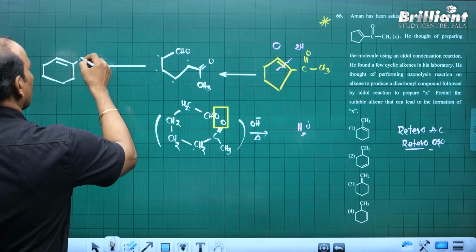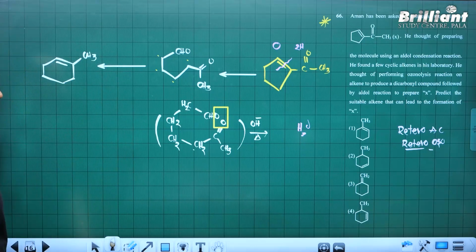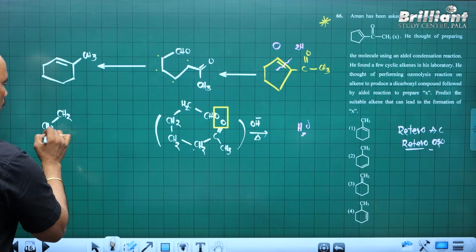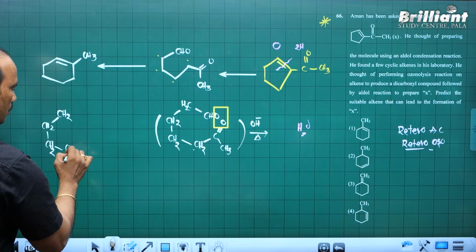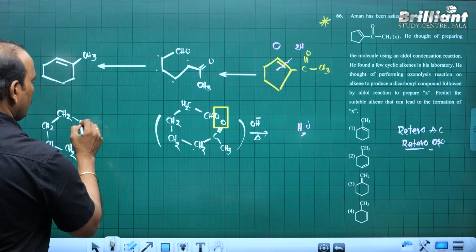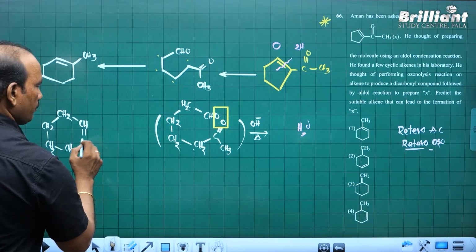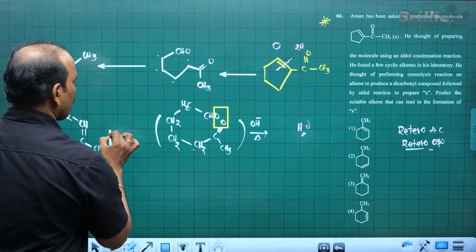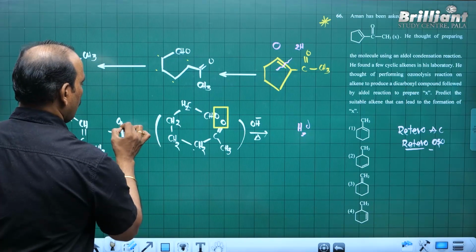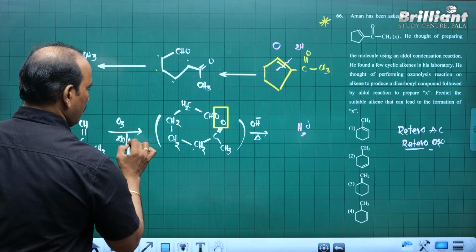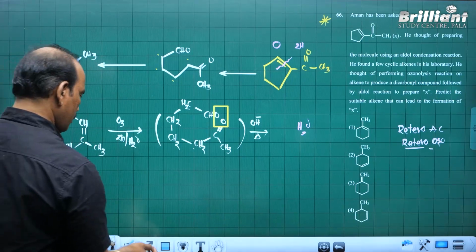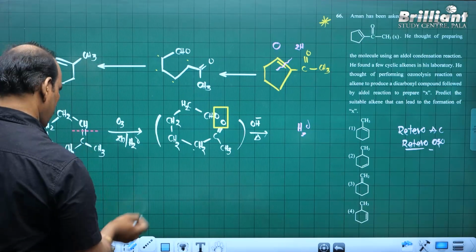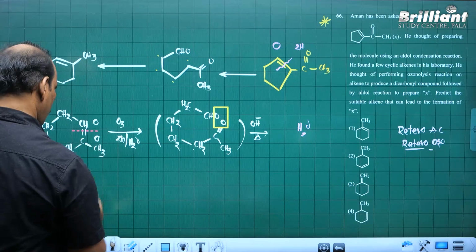In this one, methyl group is there. That means CH2, CH2, CH2, CH2, here CH, double bond, here C, here CH3. Okay? This is subjected to ozonolysis, Zn H2O, we get here O and O.